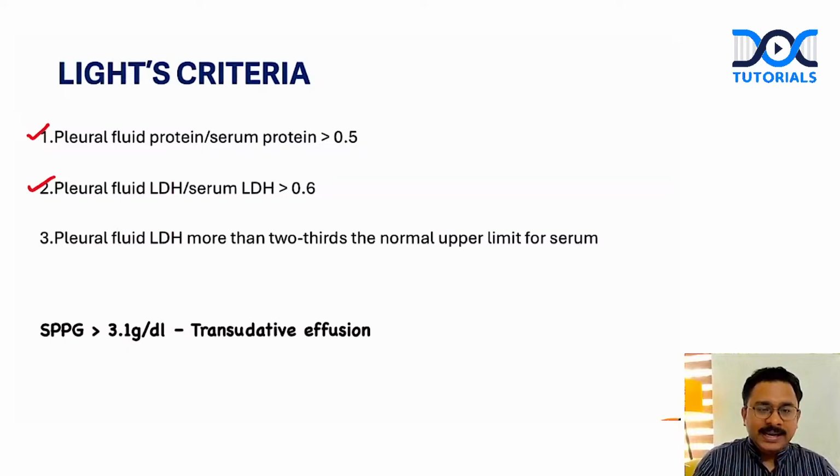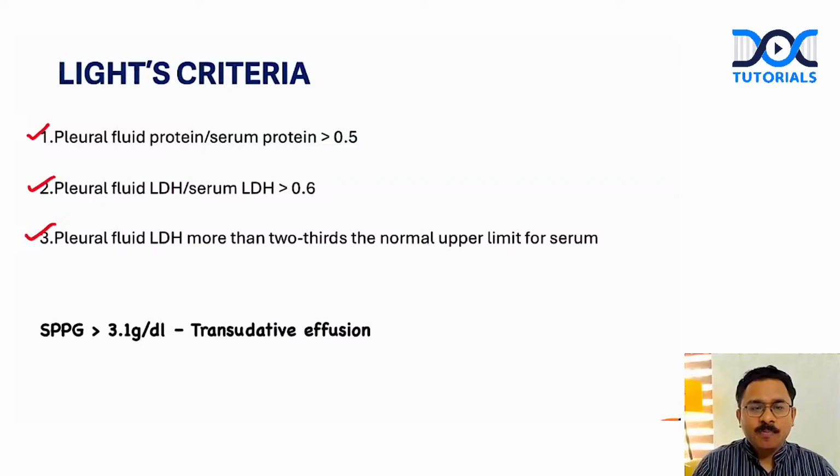Pleural fluid LDH to serum LDH more than 0.6 favors exudate. Pleural fluid LDH more than two-thirds of normal upper limit for serum again favors exudate. Now, if any one of these points is true, then it is characterized as an exudate. If you want to categorize something as a transudate, all these three should be negative. Any one positive means it is exudate.